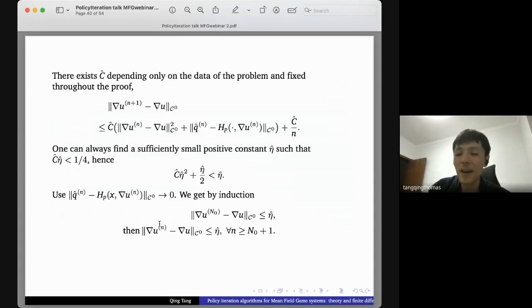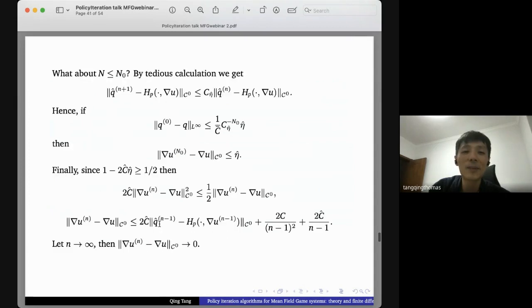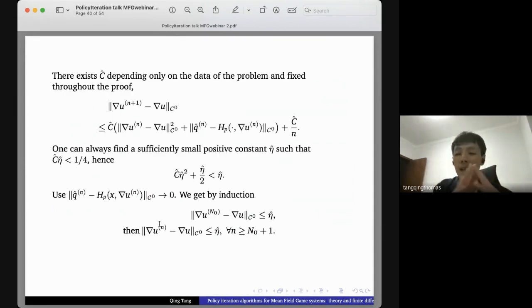I have a small eta hat and a large N0. From there I will always be staying within a very small ball near the stable solution.